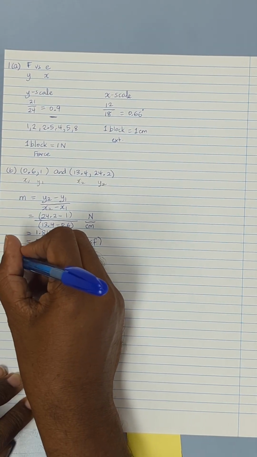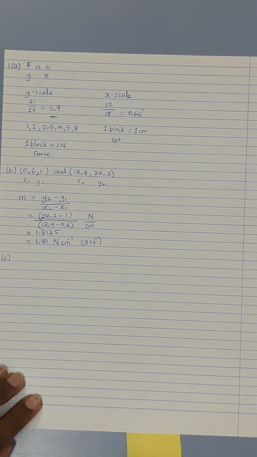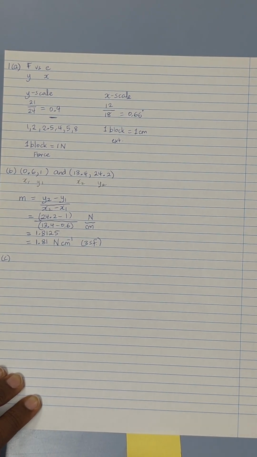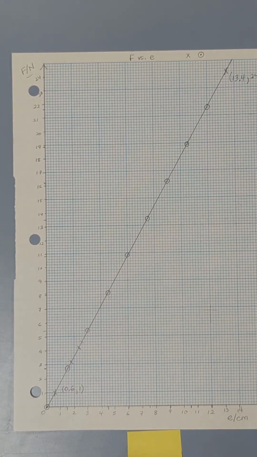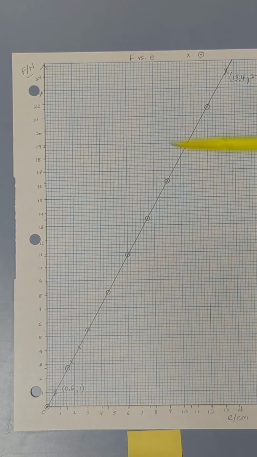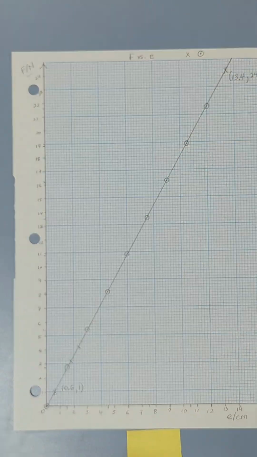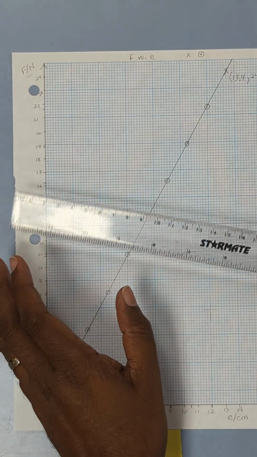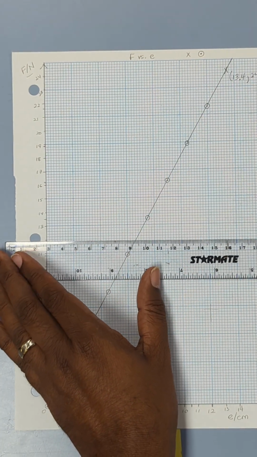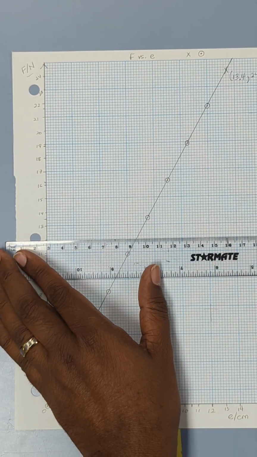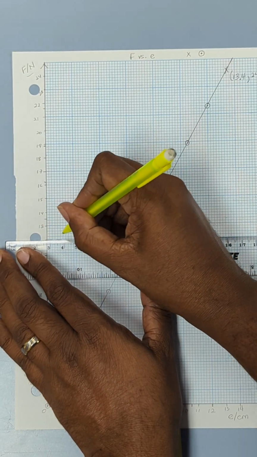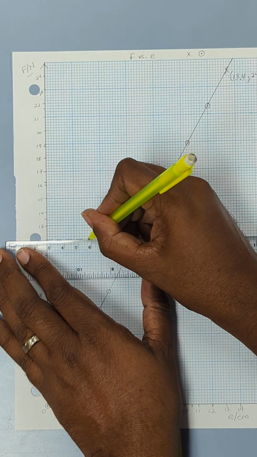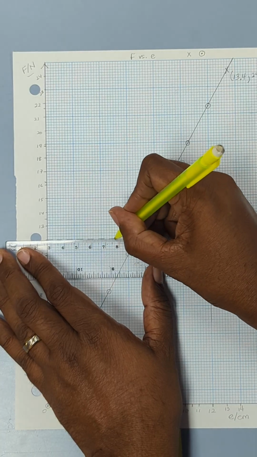But see now, you are given a force of 12 newtons, and you need to find the extension for it. So we're going back to the graph for that. So we identify which axis is the force axis, in this case the vertical axis, and they want to know the extension for a force of 12. So from 12 on the force axis, you're drawing a line, a dotted line, and part of the marks is, yes, showing this line on the graph.